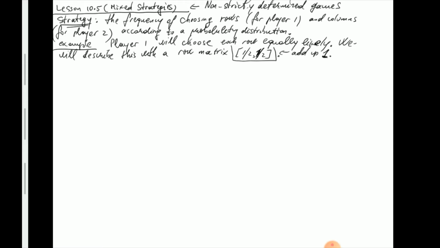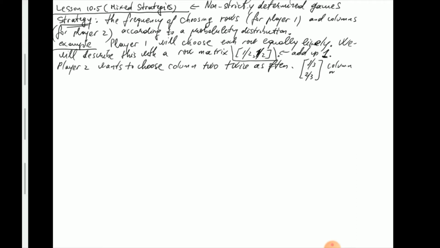And let's say in the same game, player 2 wants to choose column 2 twice as likely, or twice as often. That means the strategy is going to be 1/3, 2/3, and we're going to denote that with a column matrix.